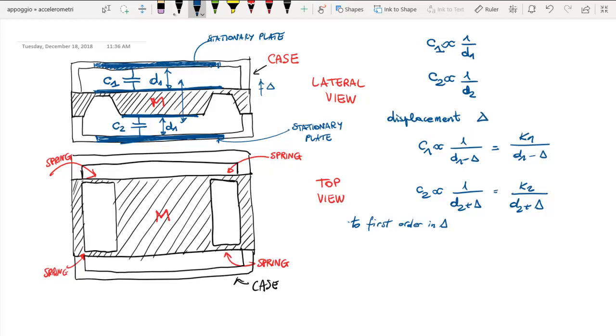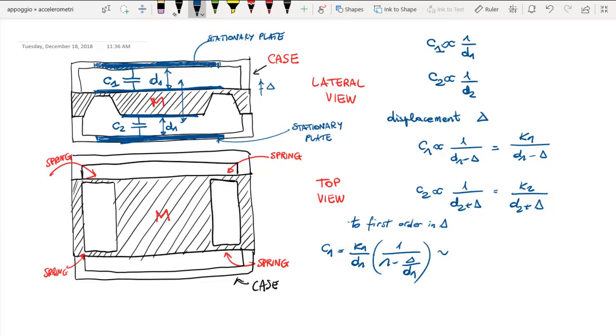Let's consider that the first order is a very good approximation in this case, because as I mentioned before, this delta is very small. This displacement is of about a few microns, and typically the membrane is large, something like a few millimeters. So we can use this type of approximation. Let me write it this way: K1 over D1 times 1 minus delta over D1.